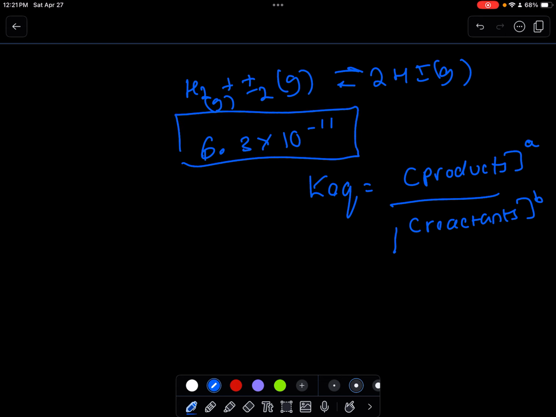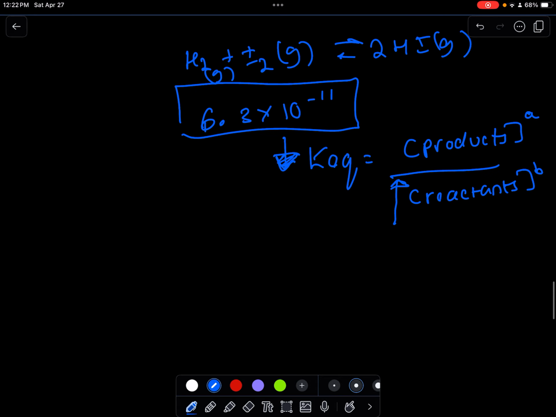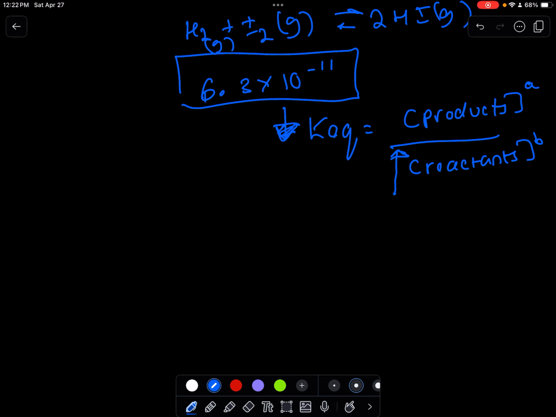So that indicates that there is a high concentration of reactants, because that high concentration of reactants will lower the equilibrium constant. If the denominator is big, then the value of the fraction will be decreased. So we can say that the reverse reaction is favored.